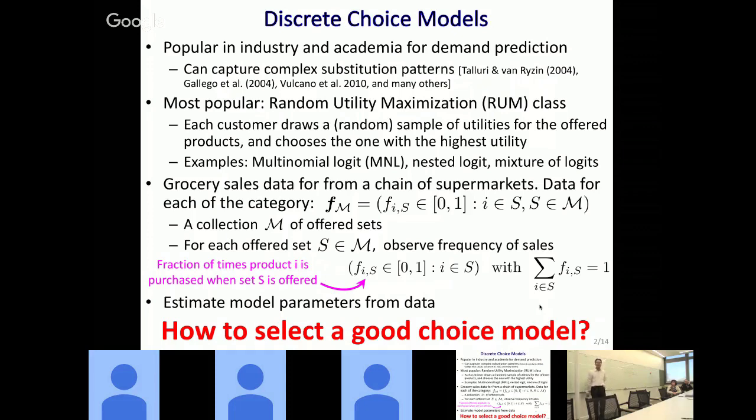I've done that here for six different product categories in our data set, ranging from shampoo, mayonnaise, diapers, up to sugar substitute. For each product category, I fitted a multinomial logit choice model. It's a very popular choice model within the RUM class. I evaluate its performance using a metric called the mean absolute percentage error, which is the difference between the actual observed percentage, F_iS, and the prediction, F_iS hat, divided by the true value.